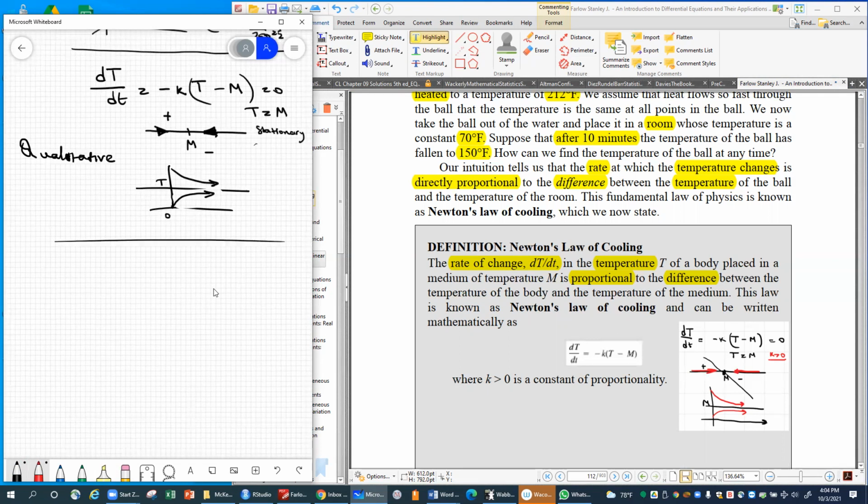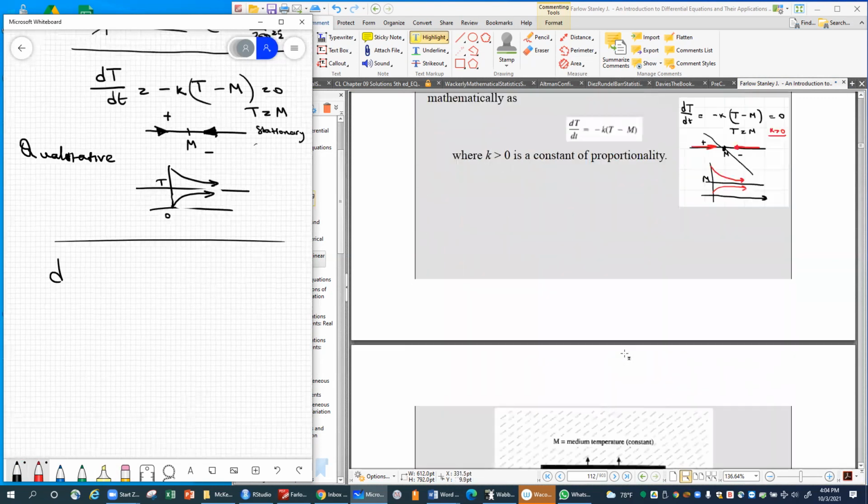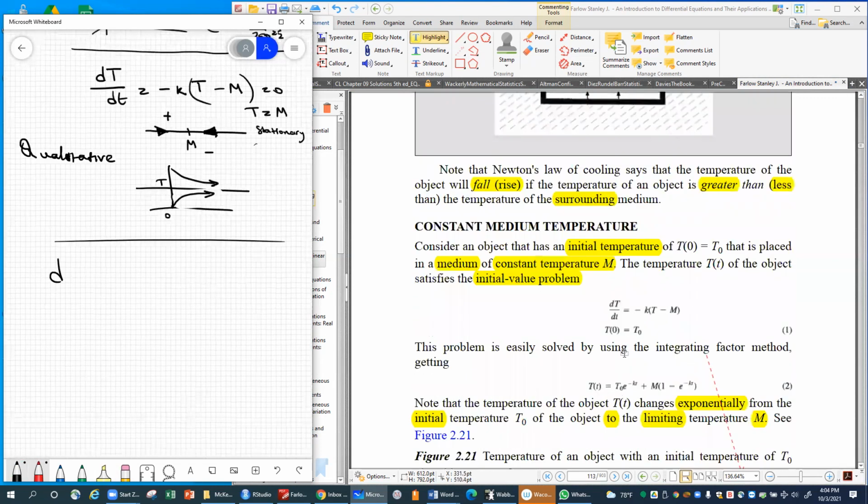And quantitative, what's easy? It's separation of variables, or it's linear, really. Probably linear, you see exponents a bit better. Let's do linear. So you write dT/dt plus kT equal to kM, right?